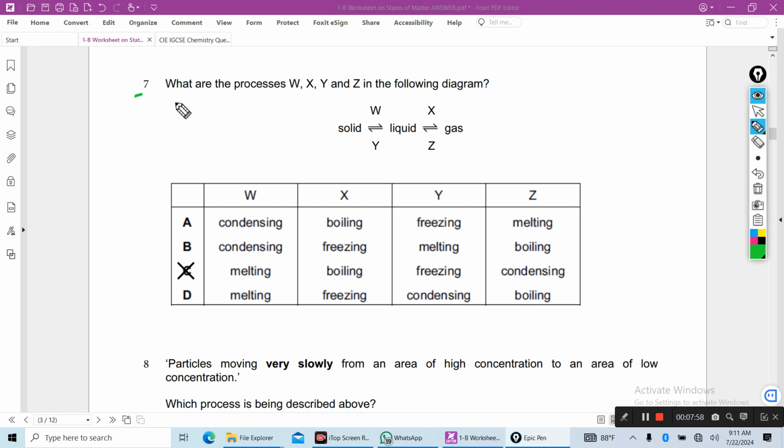Number 7. What are the processes W, X, Y and Z in the following diagram? You see W, solid goes to liquid, this is melting. X, liquid goes to gas, boiling.